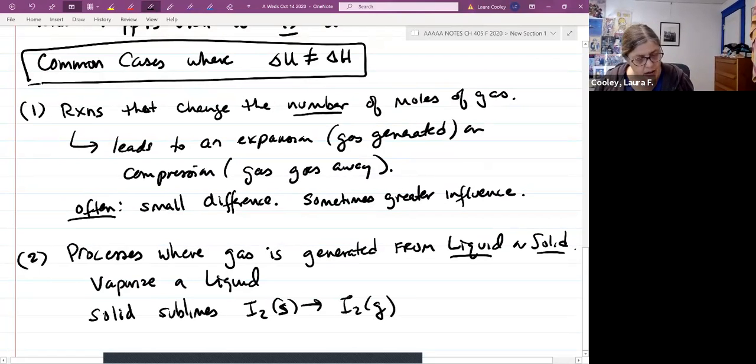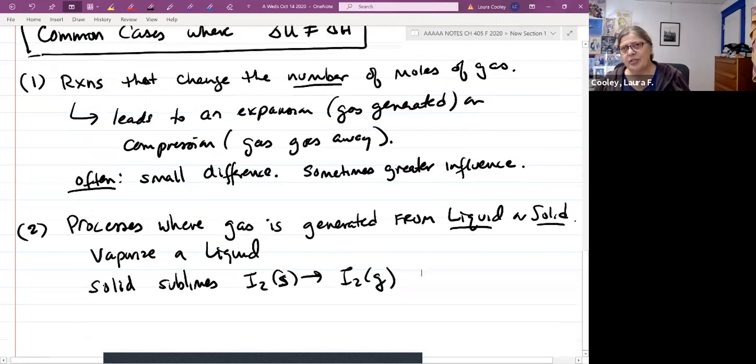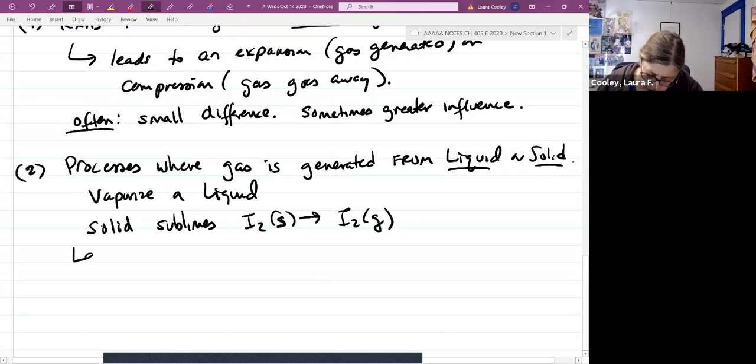Clearly there is a big expansion going on there. You start with something that has a very small volume relative to the volume of the gas, and so here you have a large expansion. And this causes there to be a bigger difference between delta U and delta H.